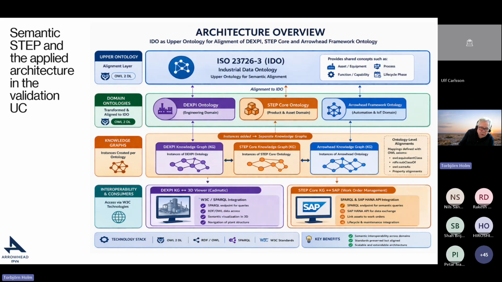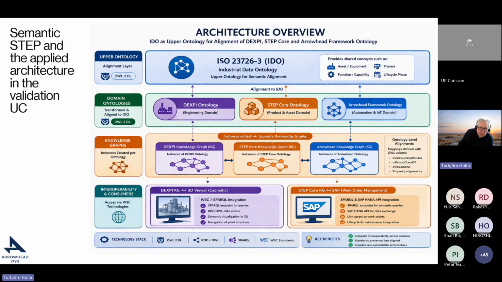We are also working with something called CFIHOS, which is about classes and allowable properties of these classes. And we have aligned these ontologies to a few of the classes in DEXPI, STEP core, and Arrowhead, aligned using the upper ontology.